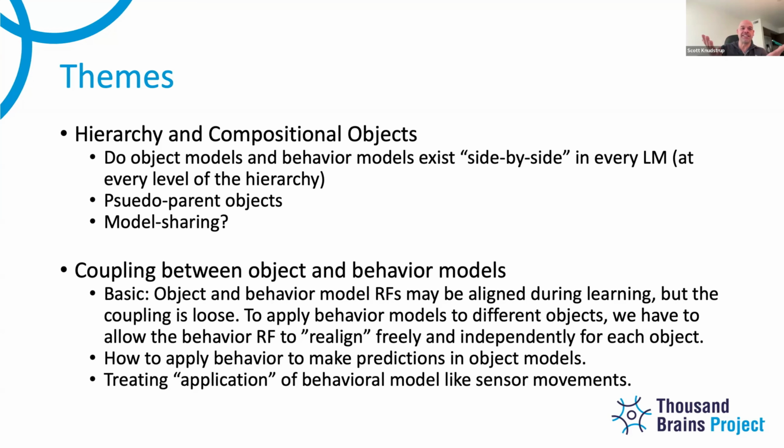Just a reminder to myself: object and behavior models can be co-aligned if we're learning the objects and the behavior at the same time, but we want them to be sufficiently decoupled such that if that behavior is observed on a new object, it may occur at a different orientation and so on. I find this connection between learning versus inference interesting, and how that's going to work exactly, but that's just a general comment.